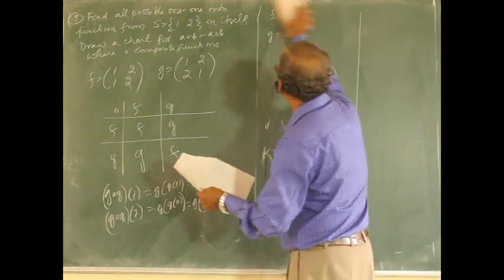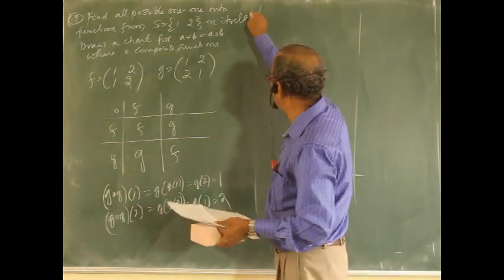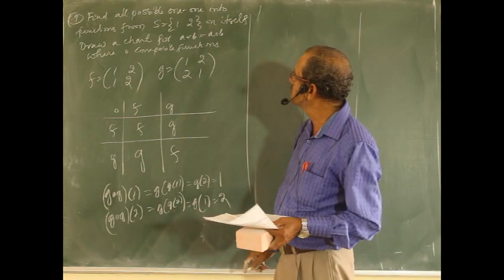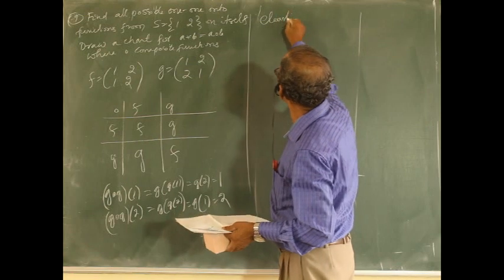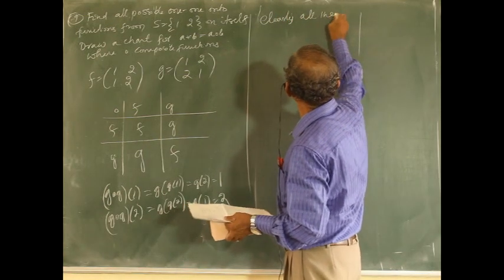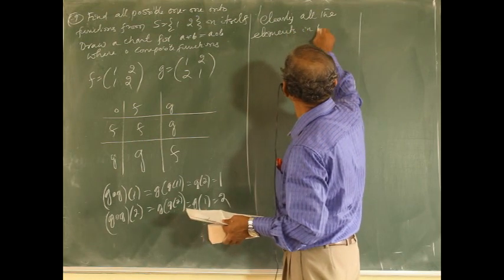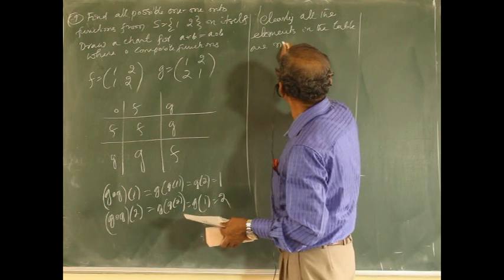Now, you can observe that this composite of the function is a binary operation. Clearly, all the elements in the table are members of the set.